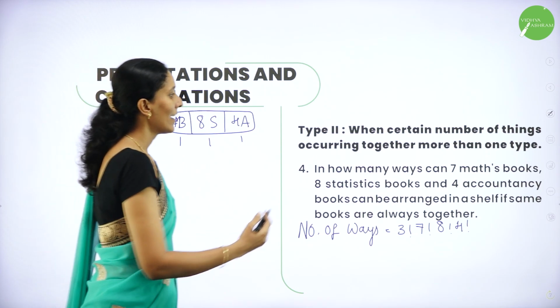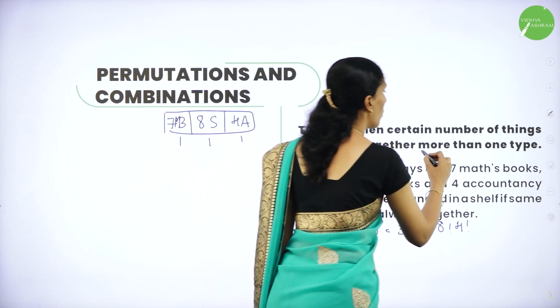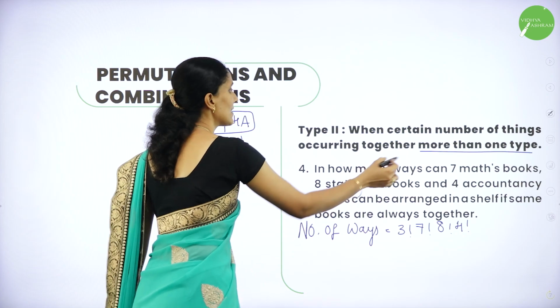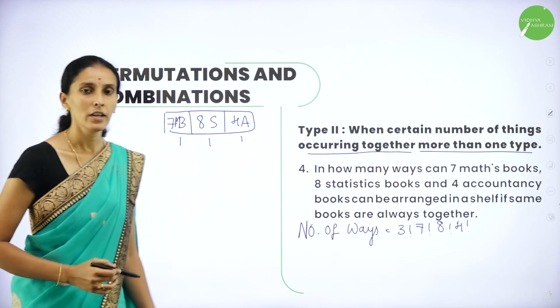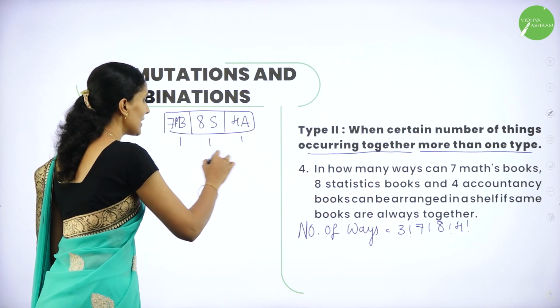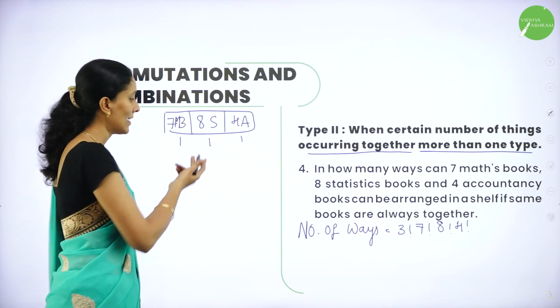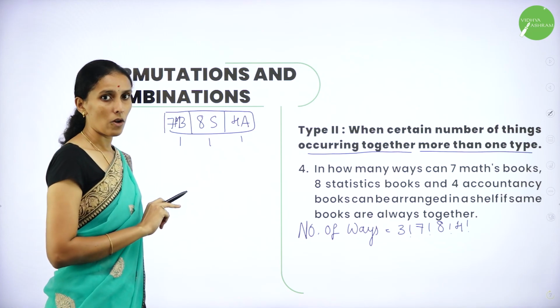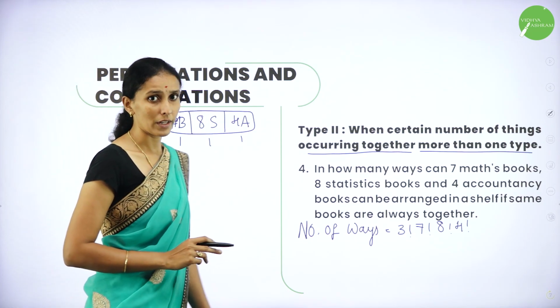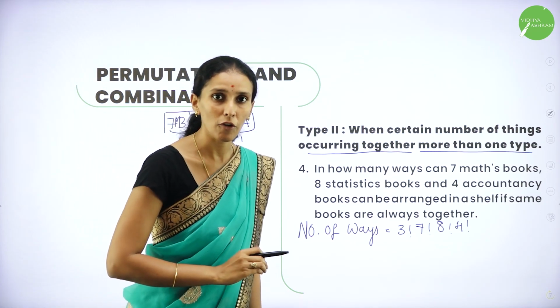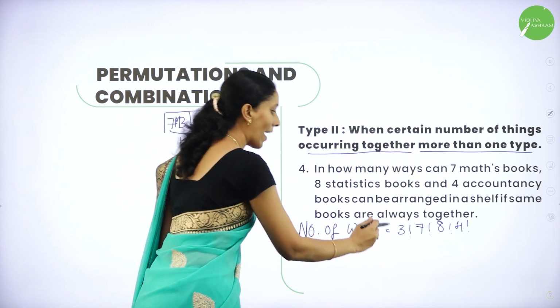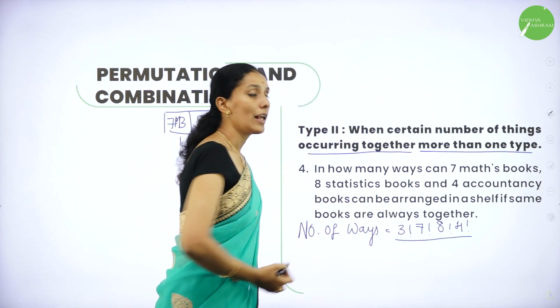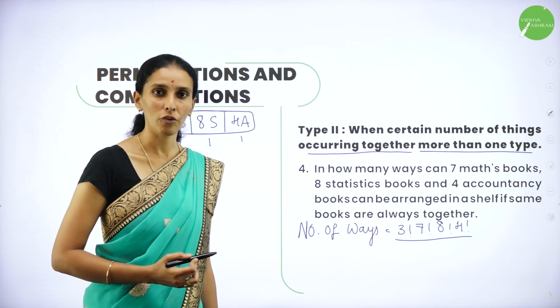This one we can take as an example when more than one type are always occurring together. So we consider these as 3 units, whereas 7 maths books can be arranged there itself, 8 stats books can also be arranged, similarly the accountancy books. So my total number of permutations will be 3 factorial, 7 factorial, 8 factorial into 4 factorial.